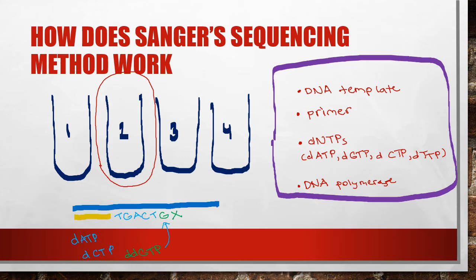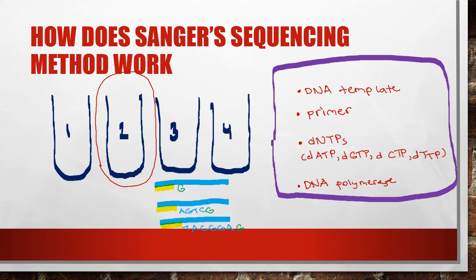This results in chain termination. Because the addition of ddNTP and chain termination is very random, inside your individual test tubes you can have a ton of different fragmented DNA sequences, and these can also be different lengths.